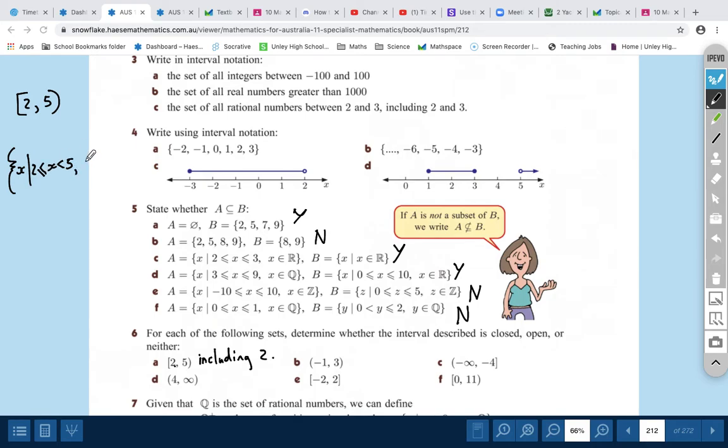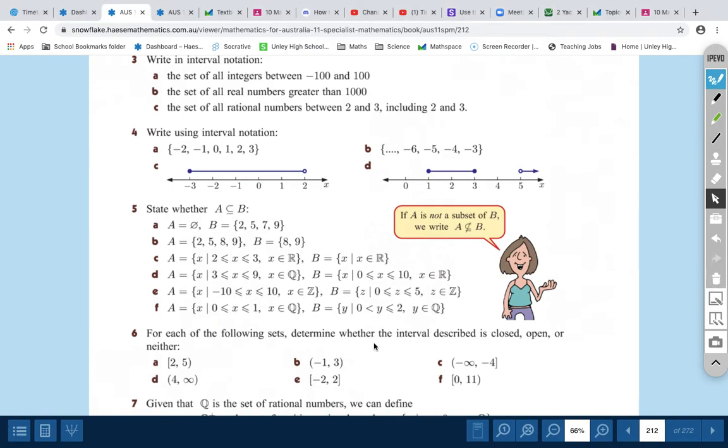Where x belongs to the set of real numbers, like that. Okay, so hopefully that made sense. So in my mind, this is just a shorthand way of writing this out here, because this can be a bit long-winded, but we're generally only going to use that shorthand if we're dealing with all real numbers.